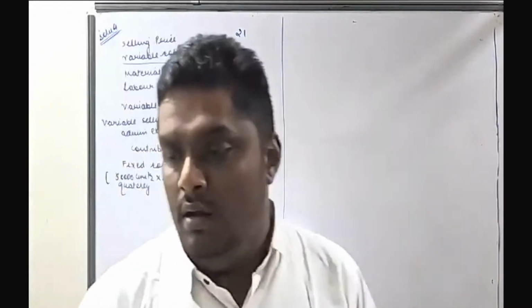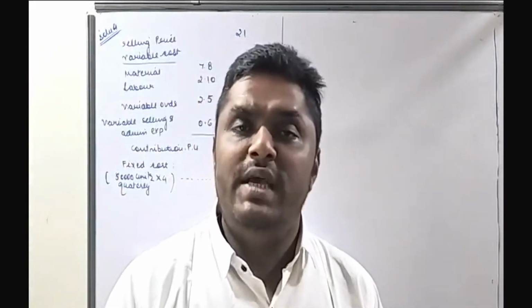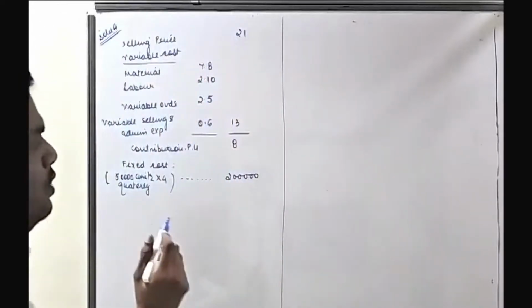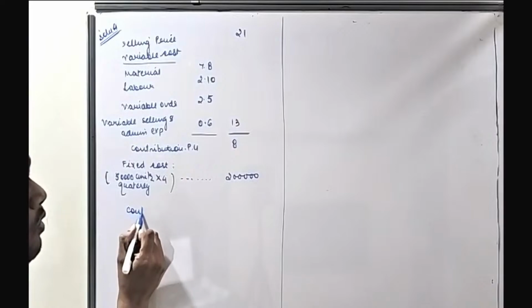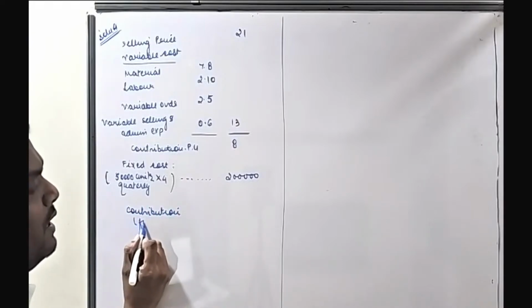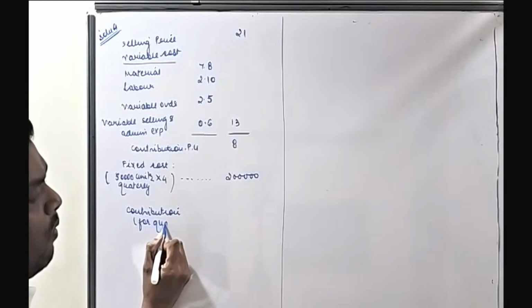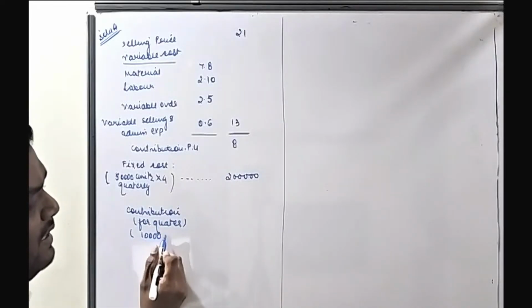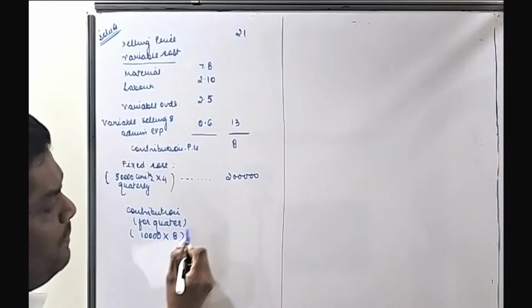See, now the company was able to manufacture and sell only 10,000 units in the quarter. So contribution for the quarter is how much? He was able to manufacture and sell 10,000 units and the contribution per unit is 8.